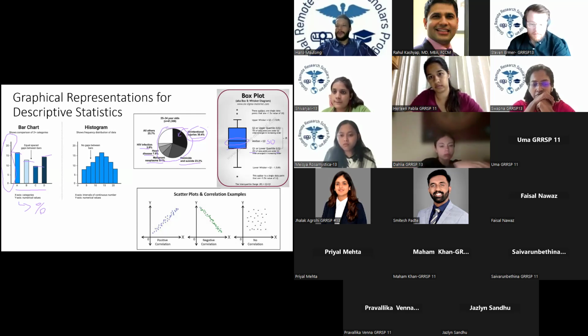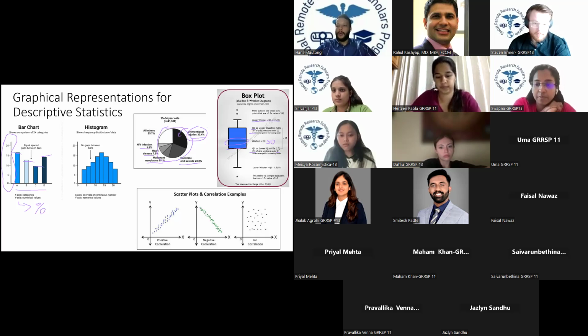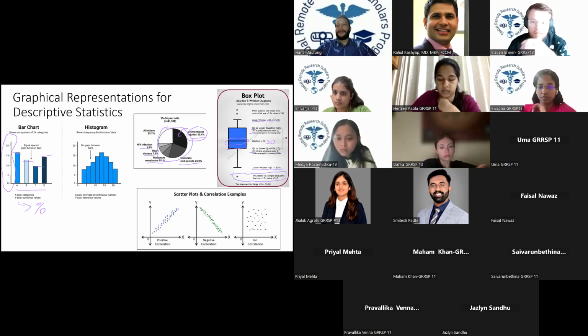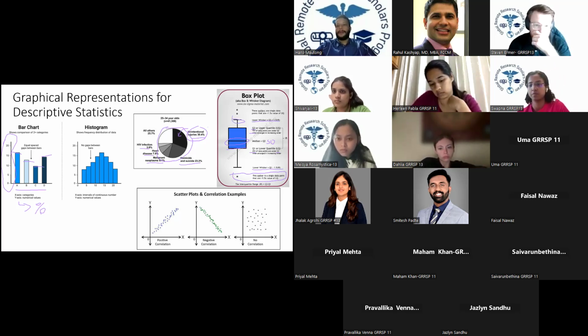And you have your quartile 3, which is the upper quartile and percentile 75, sorry. You have the upper whisker, and you have the lower whisker, and these are your outliers. These are basically single data points that are below the lower whisker or further above the upper whisker. Okay, so this is basically a box plot.